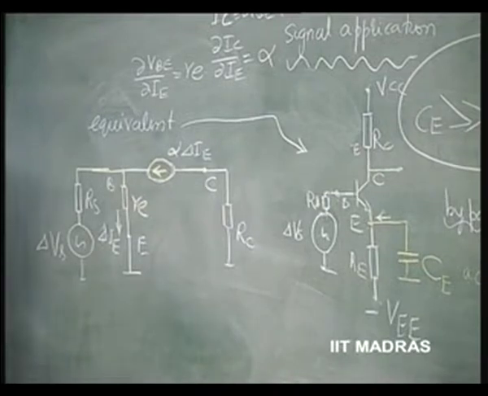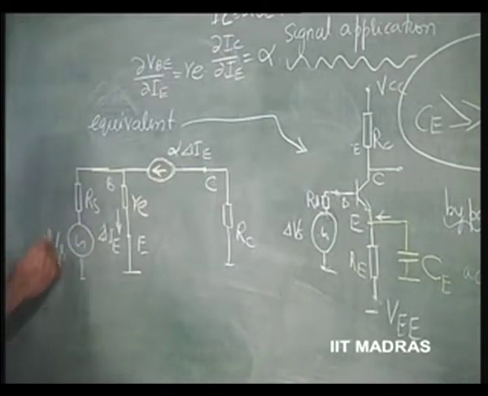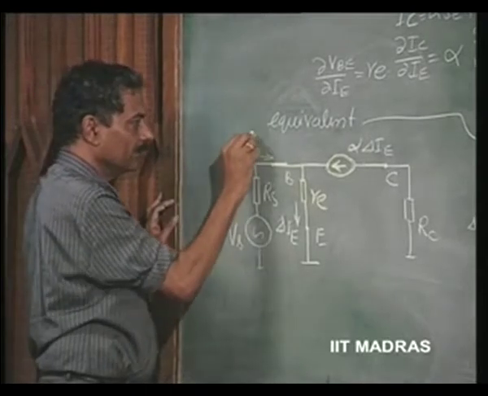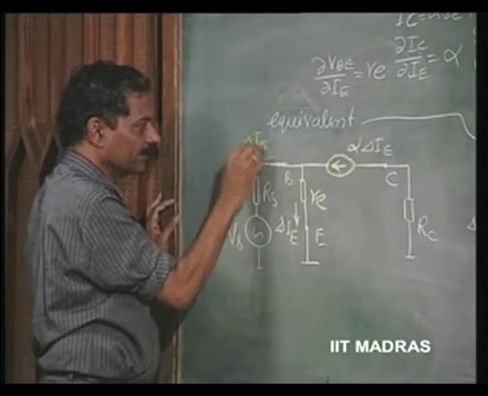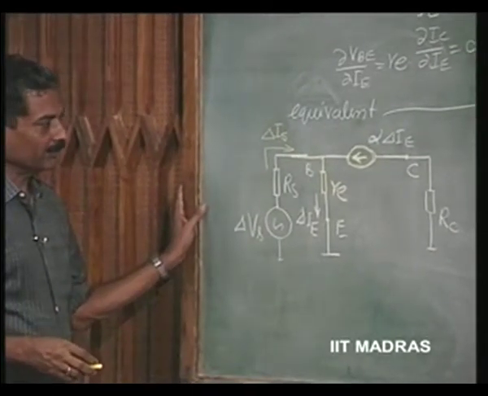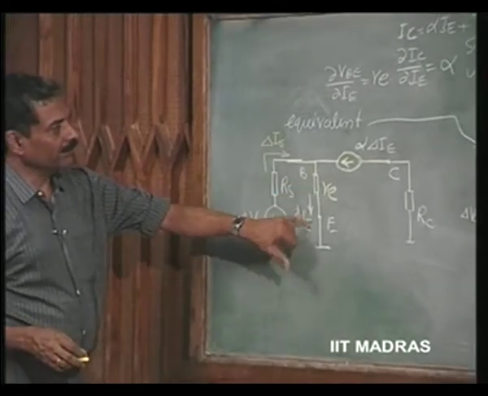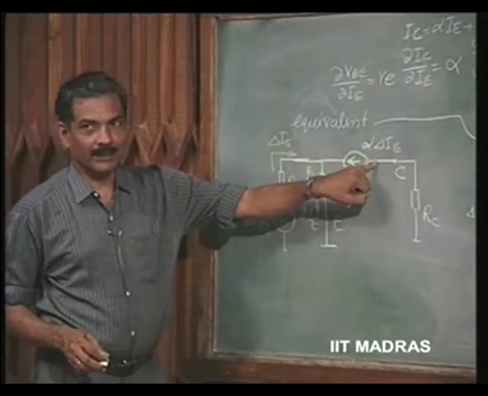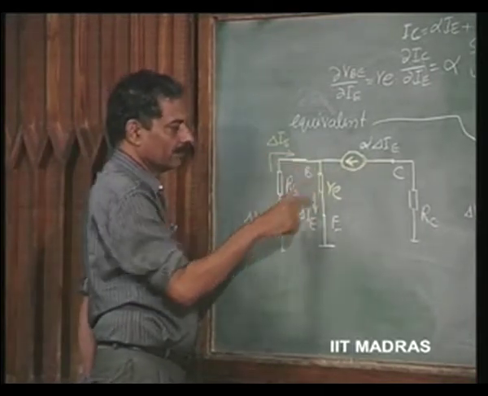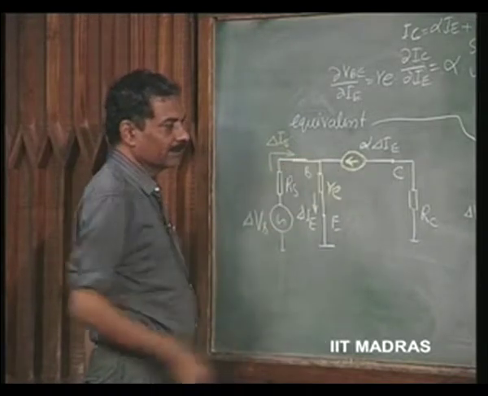Now, we will find out what is this current that is flowing through the input of the transistor, which is called delta Is. Let us find out from this. I know that this is delta Ie and this is alpha times delta Ie. So, what will be this current?